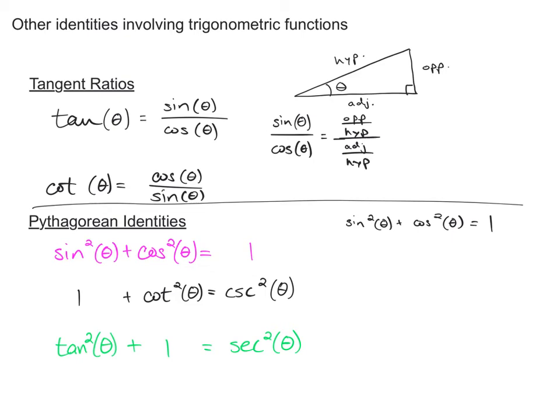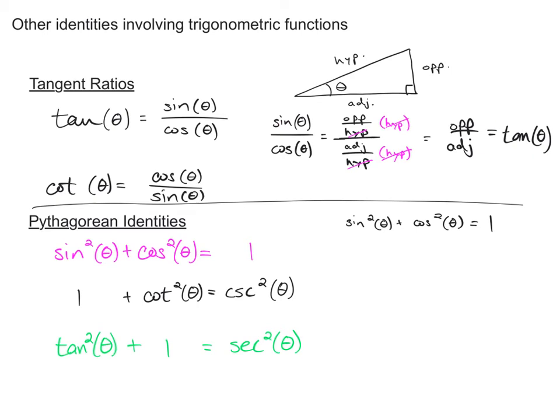And since we have fractions within fractions, we can multiply by the LCD here, which is the hypotenuse, and that'll reduce all of those, leaving you with opposite over adjacent, which is exactly equal to how you find the tangent of theta. So the sine over cosine is equal to the tangent of theta.